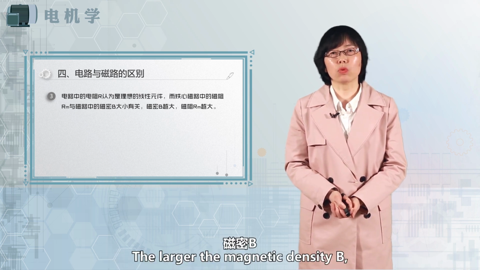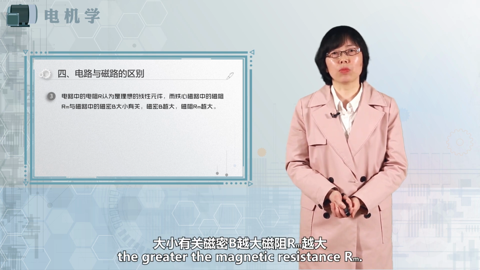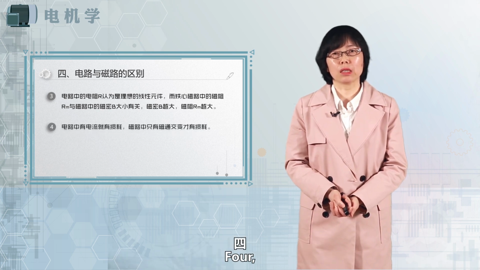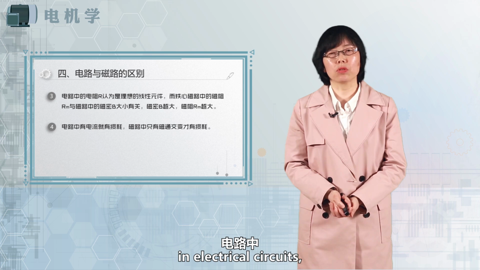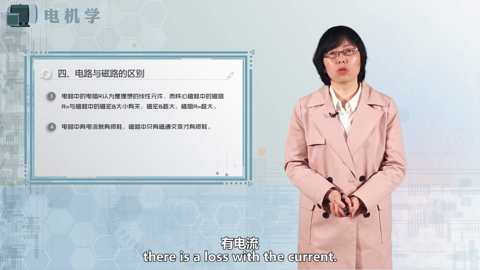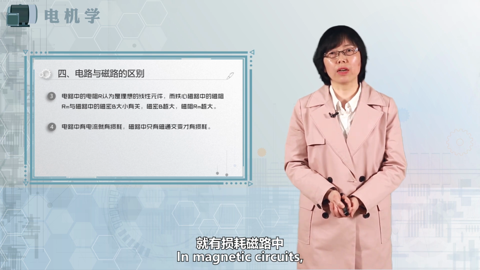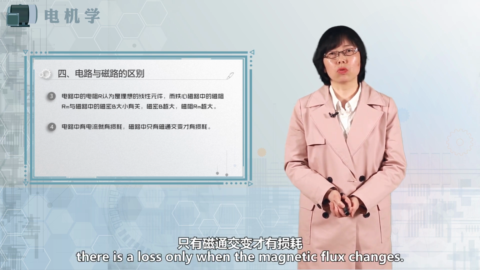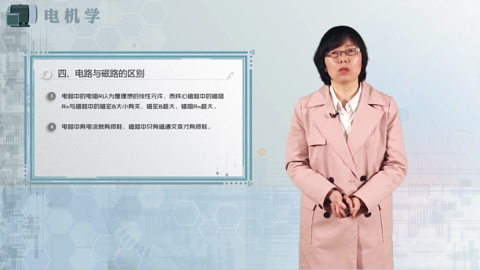The larger the magnetic density B, the greater the magnetic resistance R sub m. 4. In the electrical circuits, there is a loss with the current. In the magnetic circuits, there is a loss only when the magnetic flux changes.